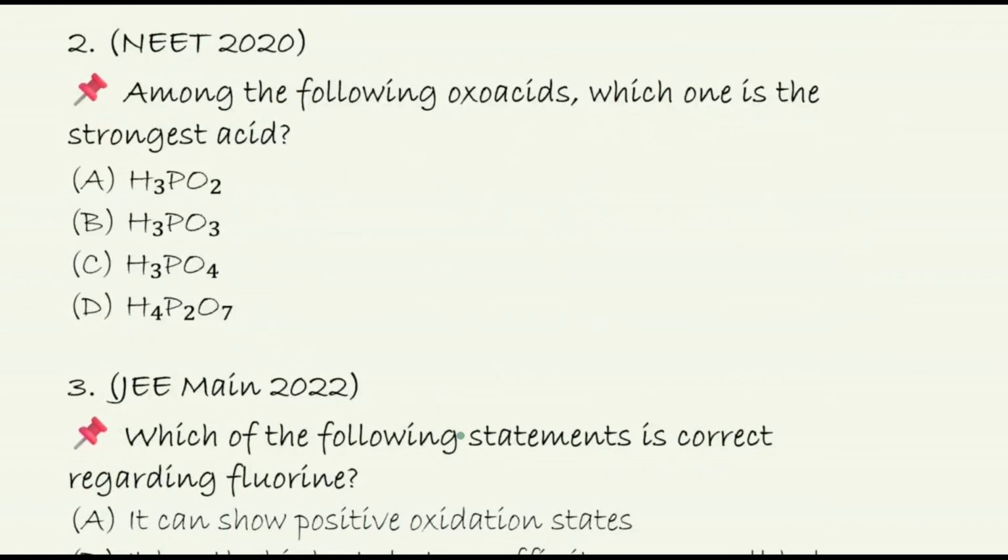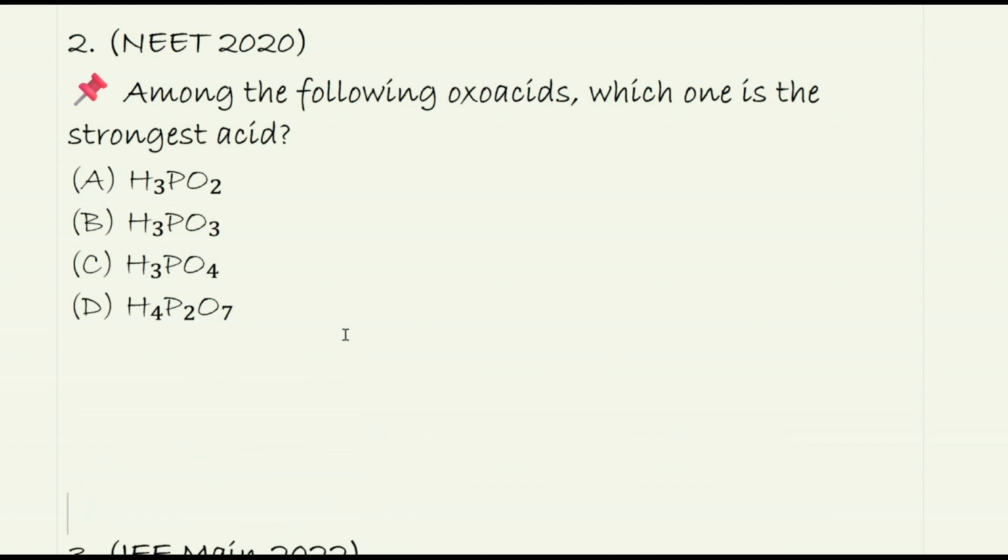Then NEET 2020. Among the following oxo acids, which one is the strongest acid? H3PO2, H3PO3, H3PO4 and H4P2O7.